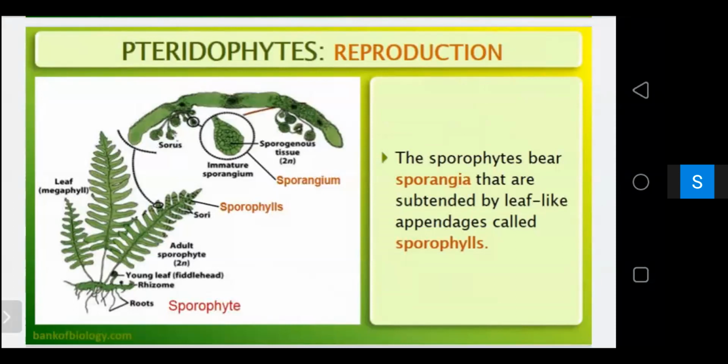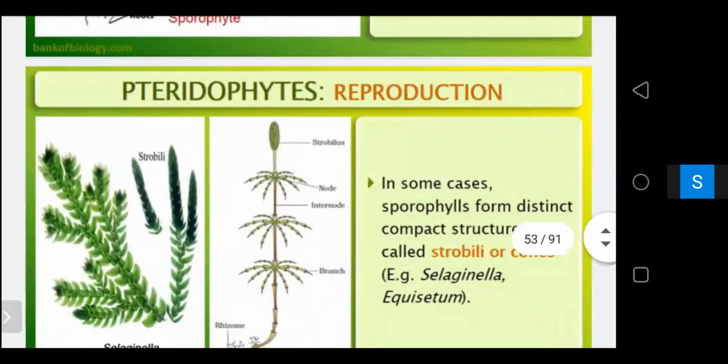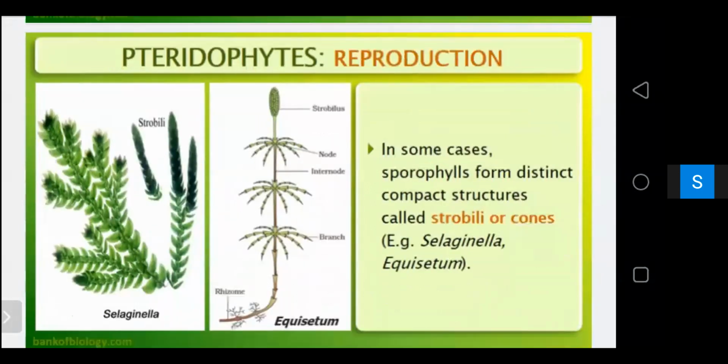You can see the structure of sporophylls. In the sporophylls, the spores will form. In some cases, sporophylls may form distinct compact structures called strobili or cones. You can see in some varieties like Selaginella or Equisetum, the cone-like structure.